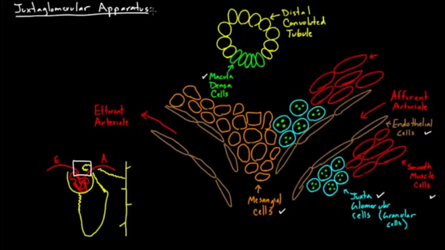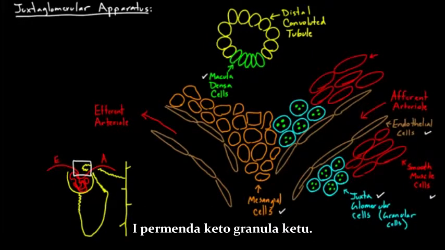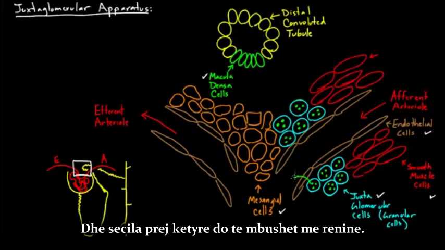So juxtaglomerular apparatus. The key here is remembering that the goal of the juxtaglomerular apparatus is to release renin. So think about where renin is. I mentioned these little granules, and these are actually each going to be loaded with renin.